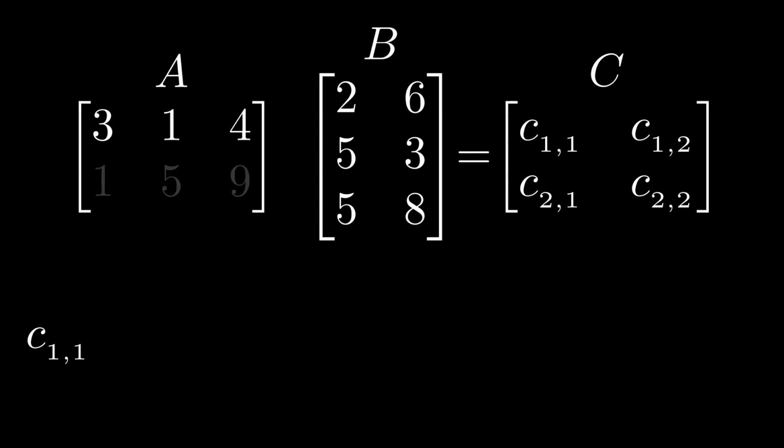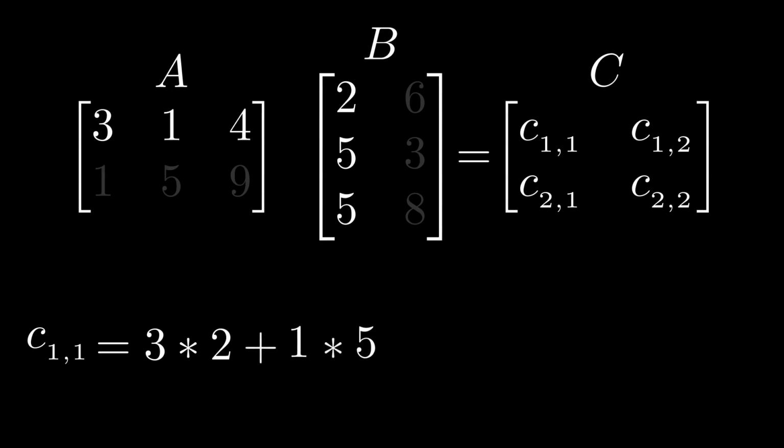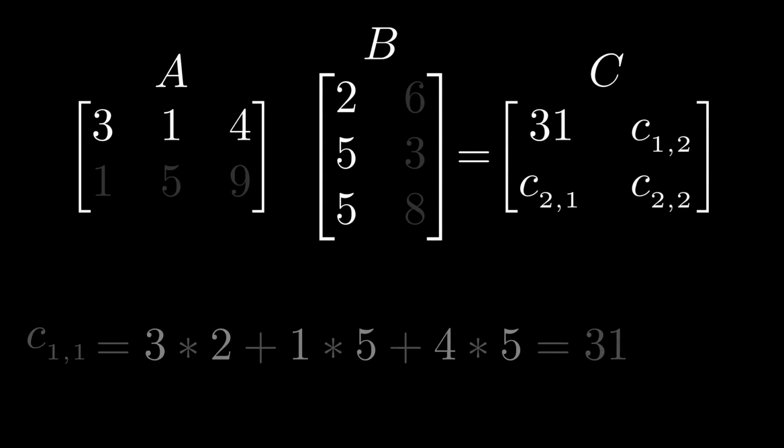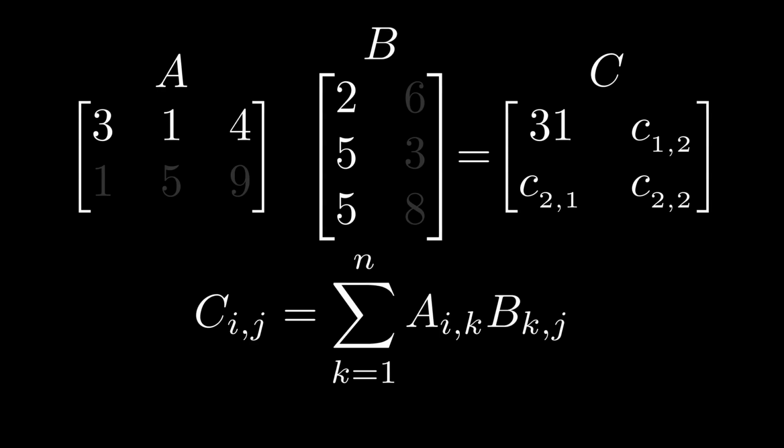So grab the first row of A and the first column of B. You then need to multiply the first element of A with the first element of B, and then add it to the product of the second element of A and the second element of B, and then add that to the product of the third element of A and the third element of B. Formally, C at ij is equal to the sum of A at ik times B at kj, where k is iterating through every element of row i in A and every element of column j in B. This demonstrates both why the internal dimensions of A and B have to be the same, and why the outer dimensions define the size of the resulting matrix C.